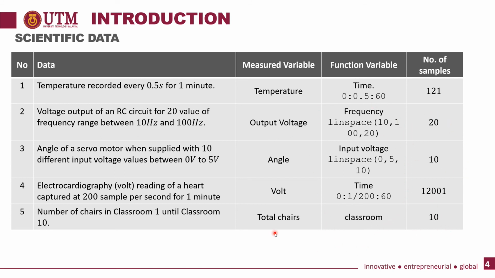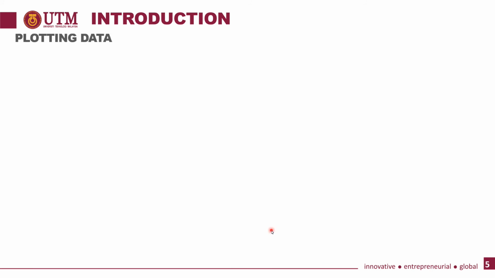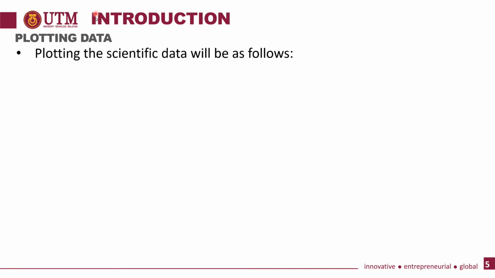Next we will proceed to our main objective in this chapter today, which is how to plot this kind of data. Plotting scientific data is as follows. First, we need one axis, which is the y-axis, for the measured variable.